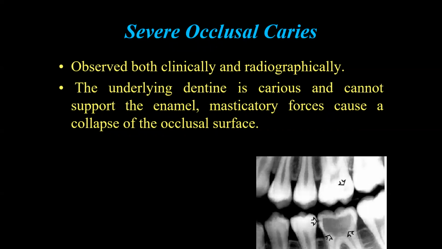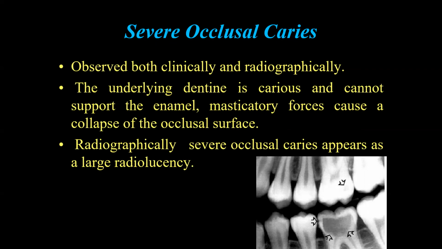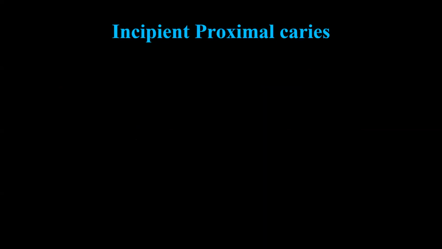Here, usually the underlying dentine is carious and is not able to support the enamel, so when there are masticatory forces, the whole thing collapses. Radiographically, severe occlusal caries usually appears as a large radiolucency, as seen in the image on the slide. So that was occlusal caries.